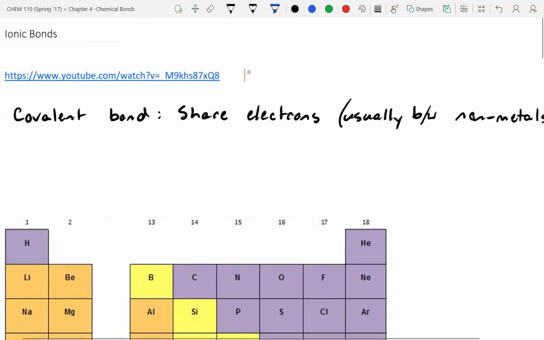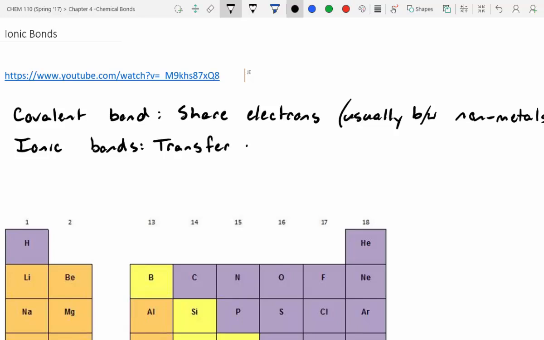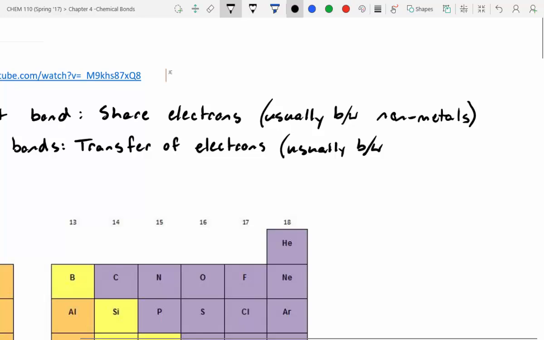And then ionic bonds are a transfer of electrons. And this is usually, however not always, between a metal and a nonmetal.